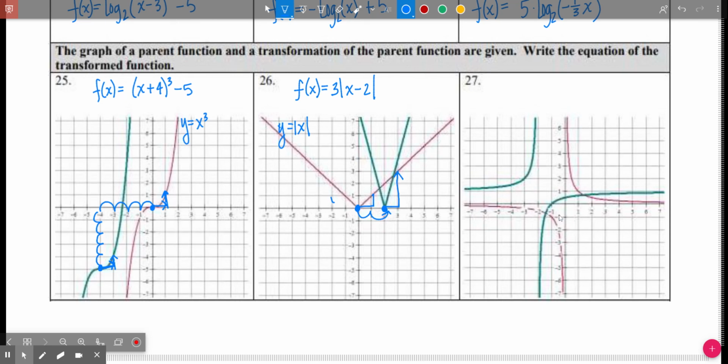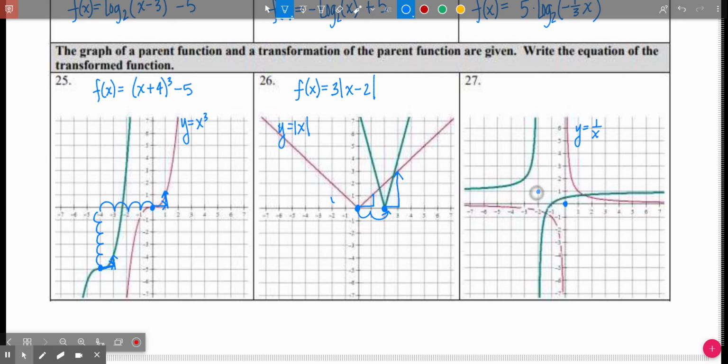Number 27 is a little trickier because it's the reciprocal function. But if you use your origin as kind of your x or y intercept, with the reciprocal function, you don't really have one. In order to get to the center, this is your parent function, 1 over x. The center of your parent function is the origin.